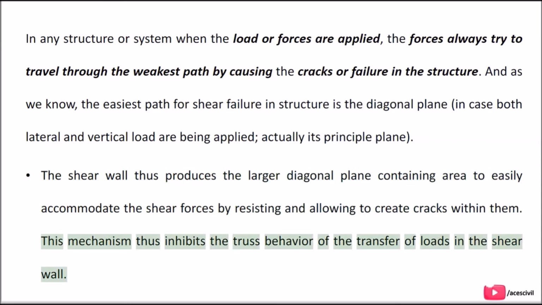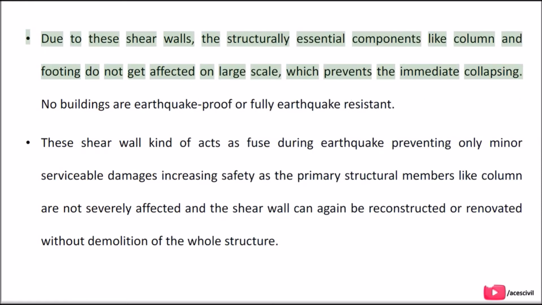This mechanism thus inhibits the truss behavior of the transfer of loads in the shear wall. Due to these shear walls, structurally essential components like columns and footings do not get affected on a large scale, which prevents immediate collapse.